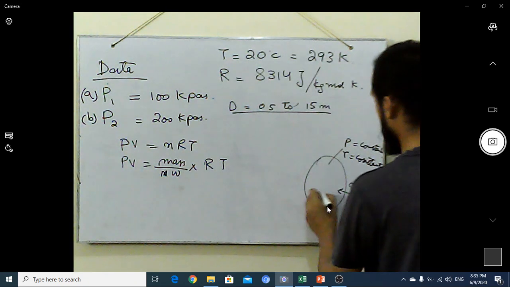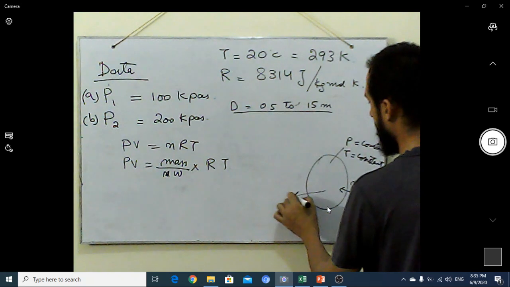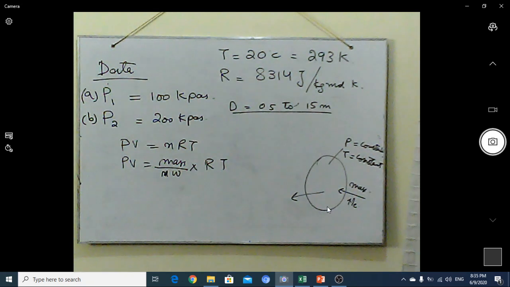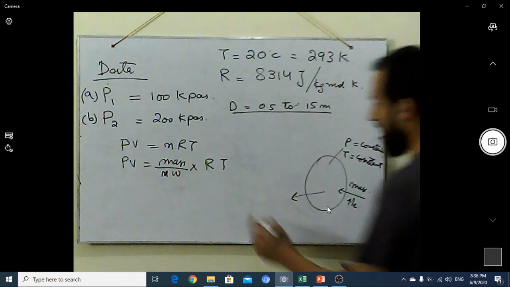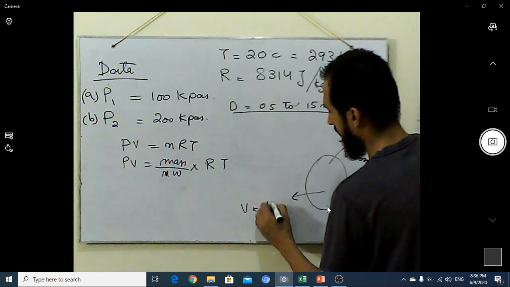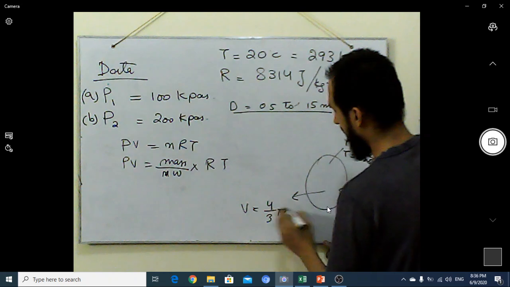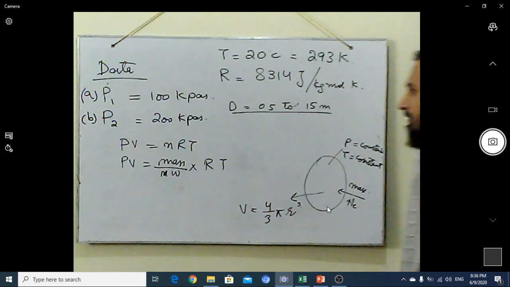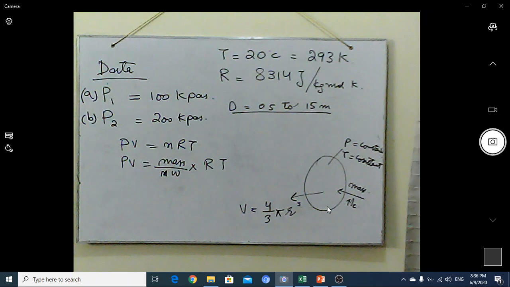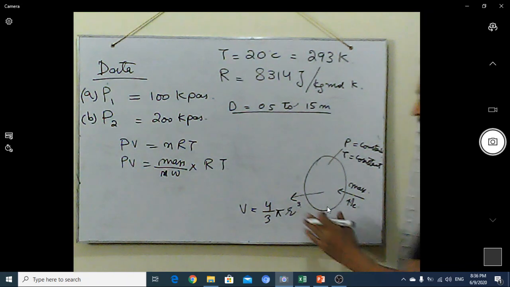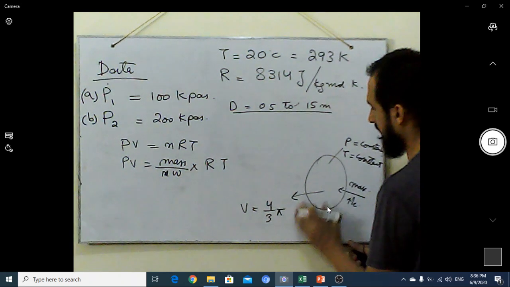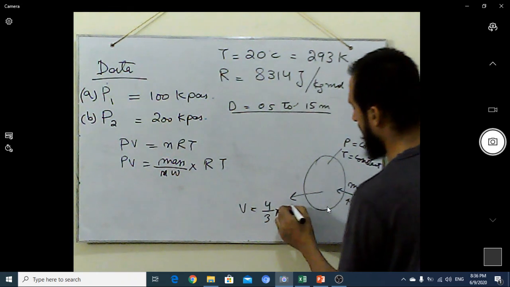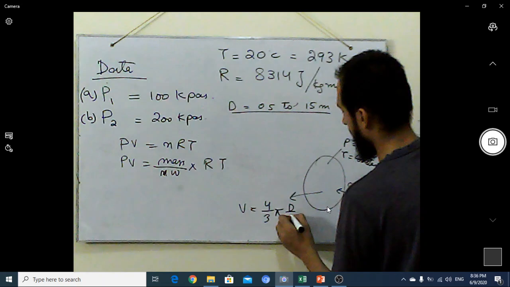Although if we talk about the spherical volume of the balloon, we know the formula V is equal to 4/3 pi r cubed. But we are developing the relation in the form of diameter, so we will reduce this formula for diameter.